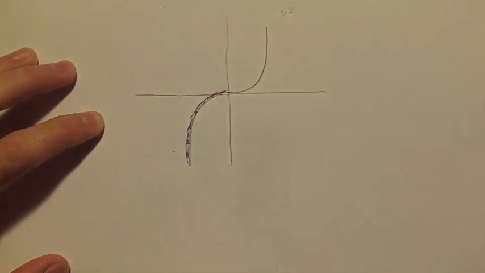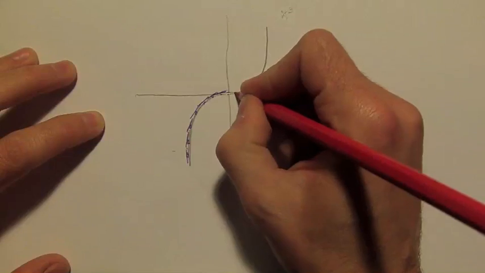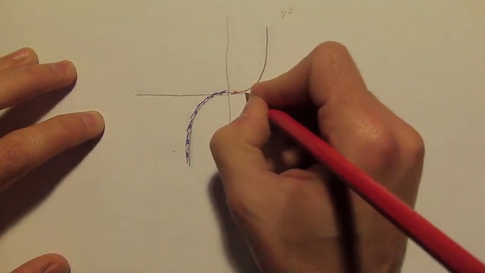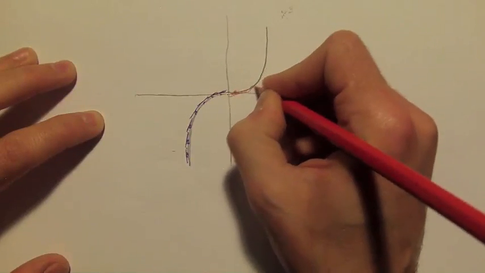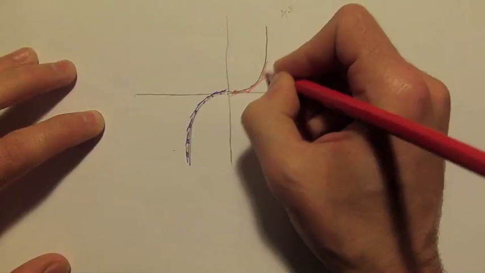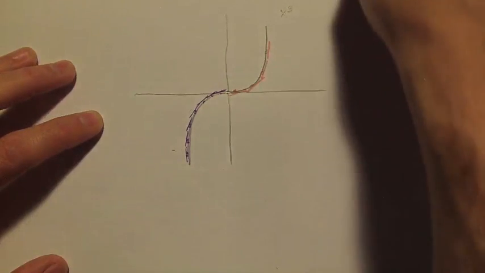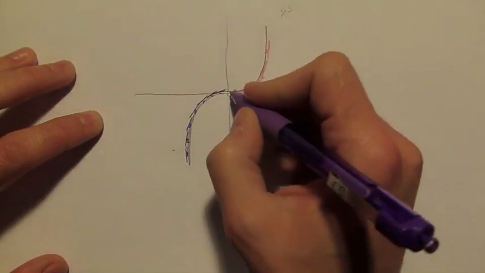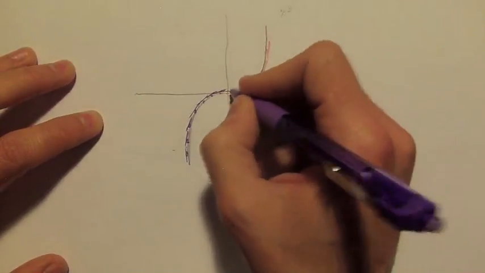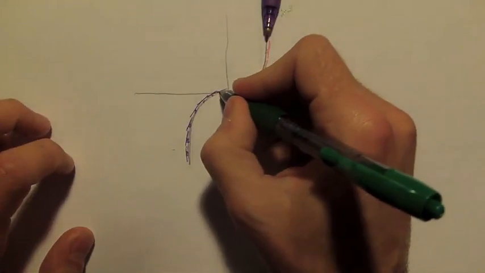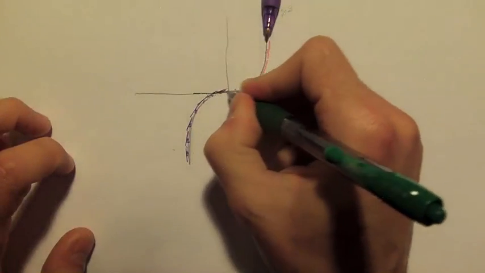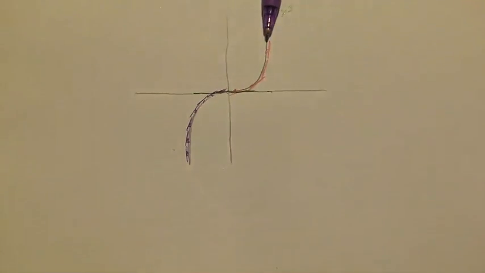And then let's look at the tangent lines on this side. Okay. Now, here at 0, we have a horizontal tangent line. Okay. So let me put that in with green. Kind of hard to see, but there at 0 we have a horizontal tangent line.